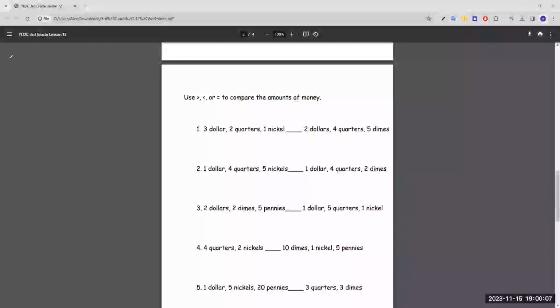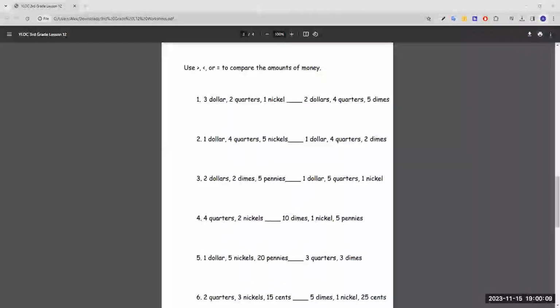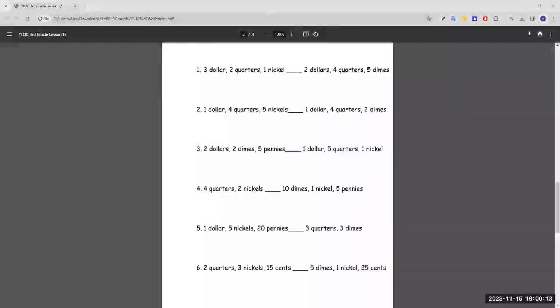Number 3, $2, 2 dimes, 5 pennies. And on the other side is $1, 5 quarters, and 1 nickel. The $2 are $2. The 2 dimes are 10 cents each, so 20 cents or 0.20. The pennies are 5 cents, so 0.05.